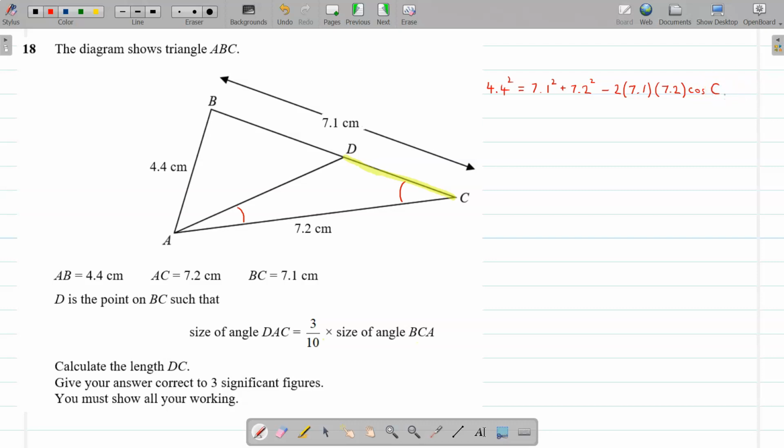Okay, that's the cosine rule. The formula for that you shouldn't learn, but it's there.